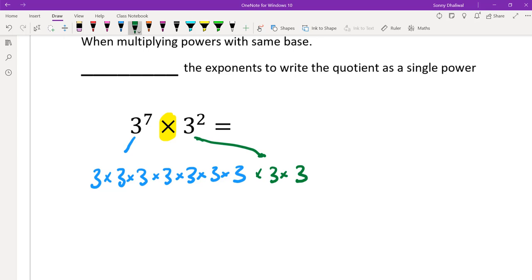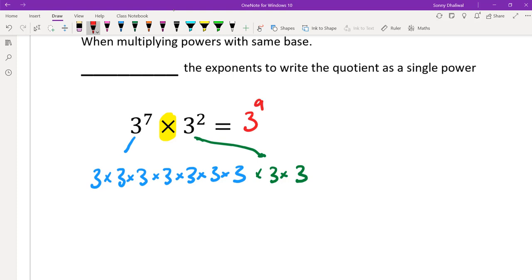So if I wanted to write this as a single power, it'd have the same base. What would its power be? Or exponent be? Yes, Caden? 9. You can count it. 1, 2, 3, 4, 5, 6, 7. There's 9 3s there, right?